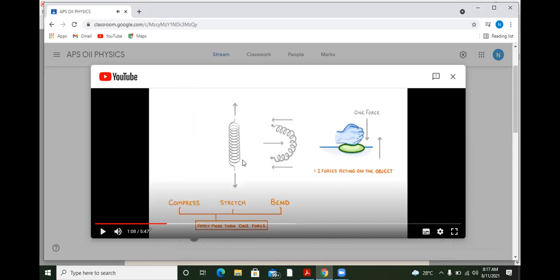And you know very well that whenever you apply any force on an object, an opposite force will also be active. Suppose you are applying a force in the downward direction, so the object is actually applying a force in the upward direction against the force you are applying, and both are of the same magnitude.